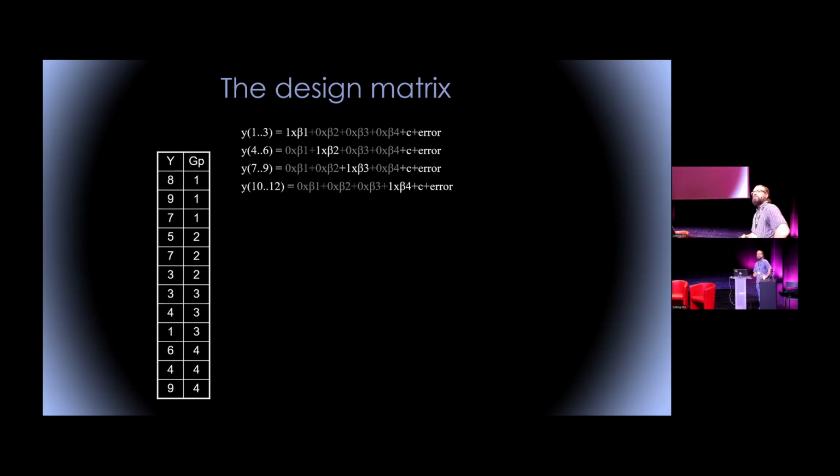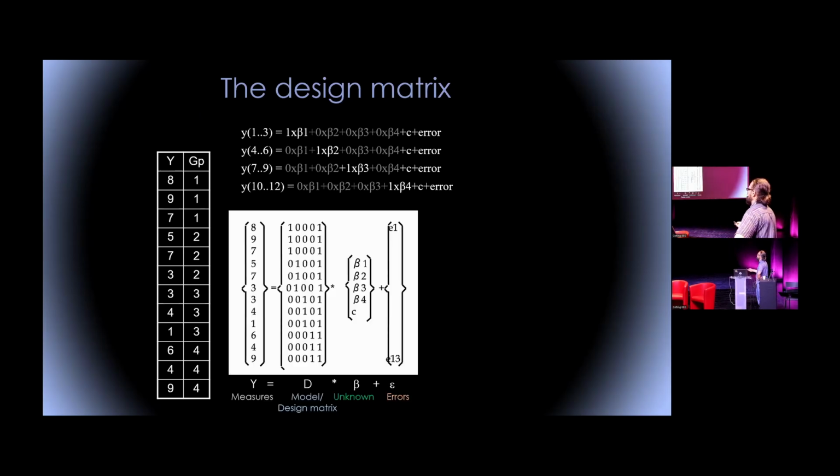But usually it's written in a matrix form, which is 100% equivalent. So it's written like this, where our observation, here for example reaction time, is equal to a matrix times beta factors plus error. It's the same as writing these equations, except we write it in the matrix form.